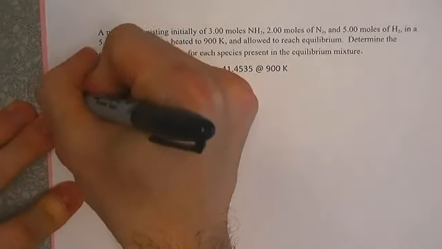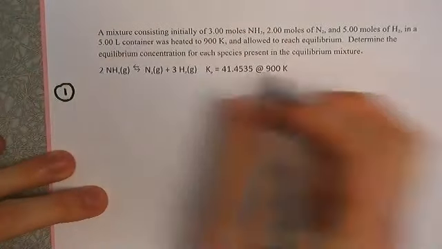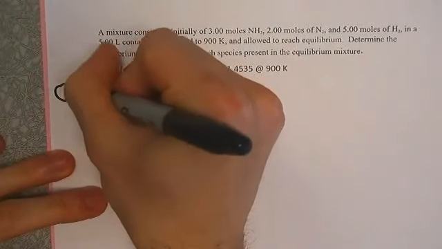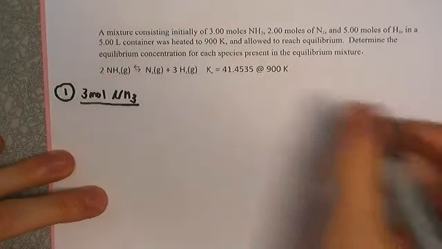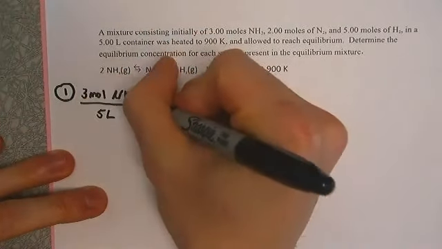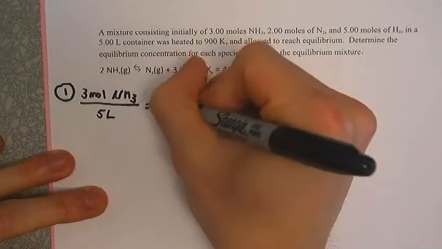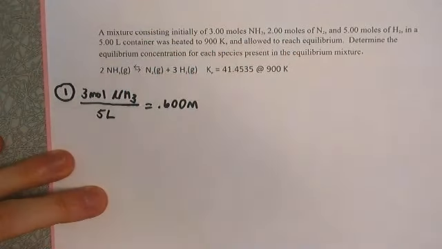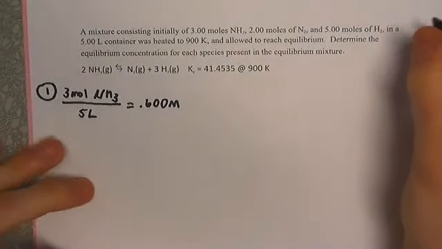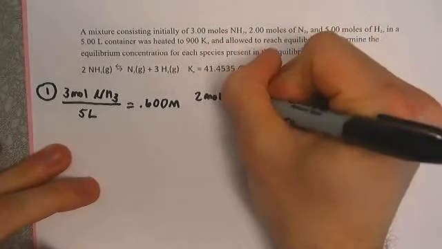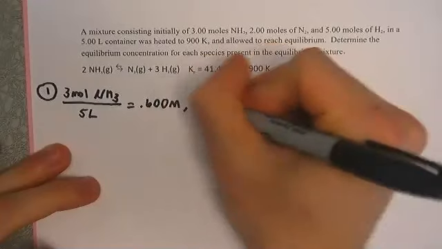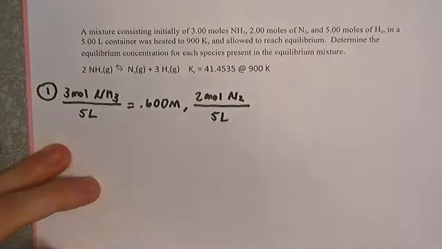This will be step 1. So we have 3 moles of ammonia in a 5-liter container. That would be 0.6 molarity. Same thing for nitrogen. We have 2 moles of nitrogen in a 5-liter container.